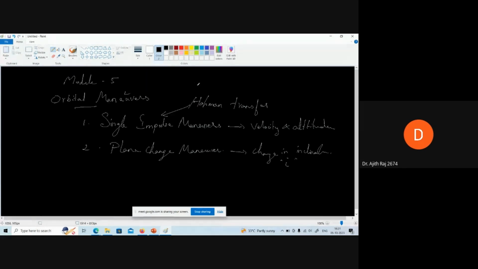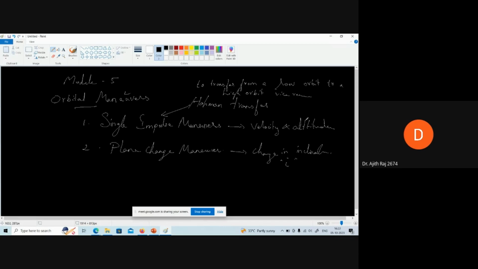We use this to transfer a satellite from a lower orbit to a higher orbit, or from a higher orbit to a lower orbit, vice versa.